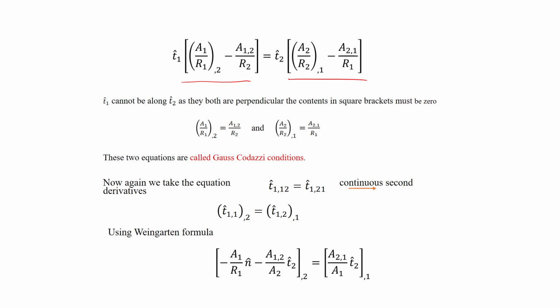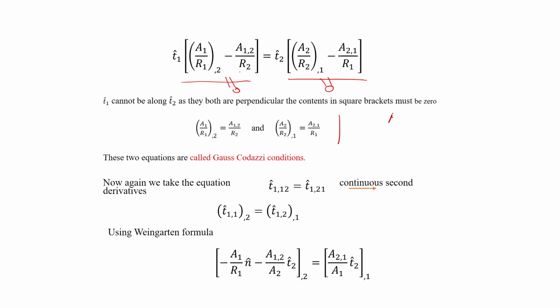Now, the question is that T1 cannot be along the line of T2, they are perpendicular to each other. So, the relation will be valid only if their coefficients vanish. So, if we are saying that is going to be 0, then A1 upon R1 whole derivative 2 can be written as A1 comma 2 upon R2.